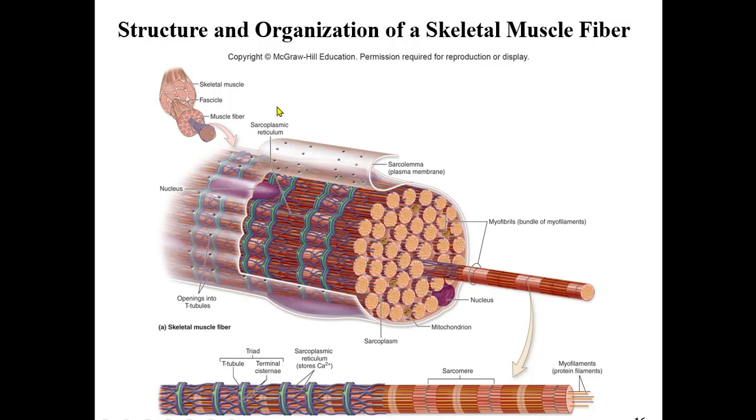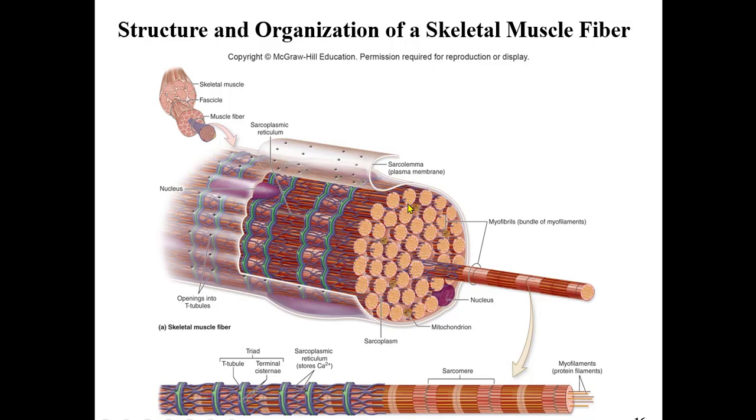So sarcoplasmic reticulum will contain calcium. Now what you're going to notice is I'm actually setting up the chapter with different parts. And then once you know the parts, the other separate video that I have available to you on muscle contraction will show you the physiology of it in terms of how it works. So again, the SR contains calcium.